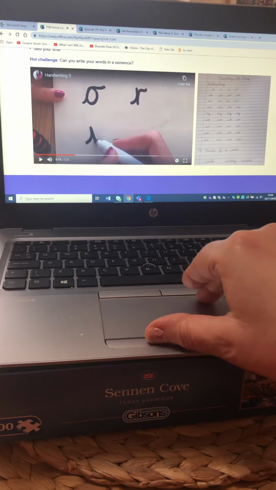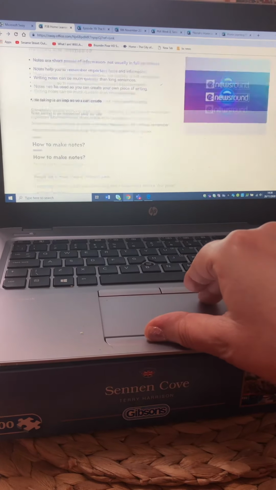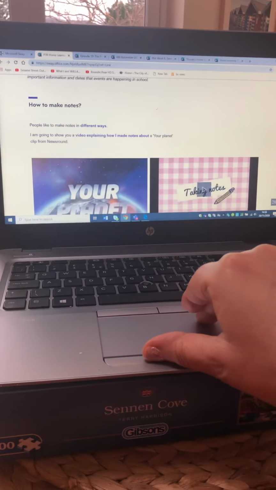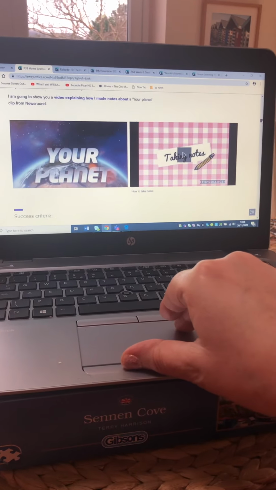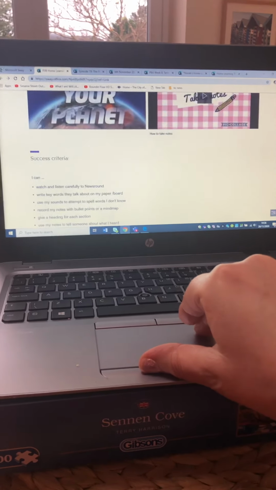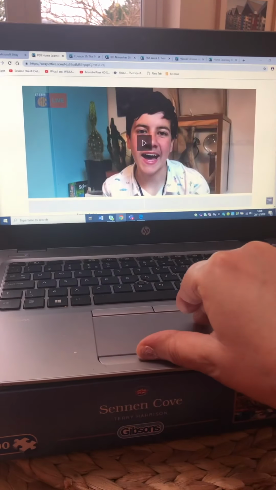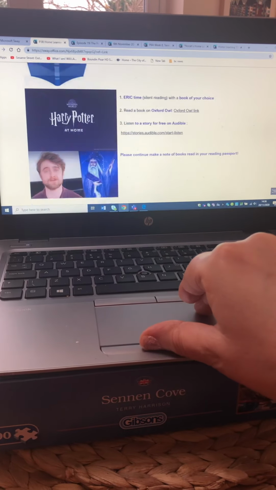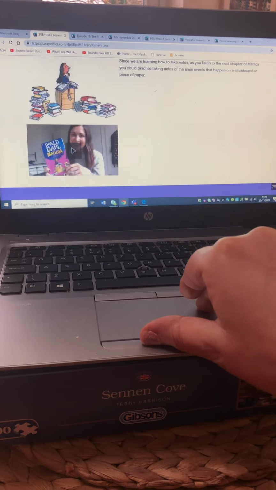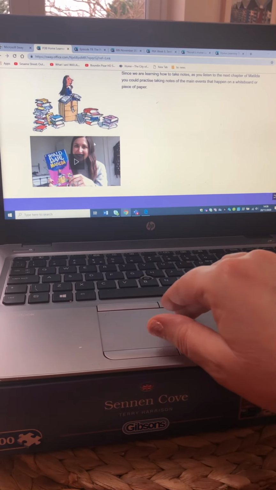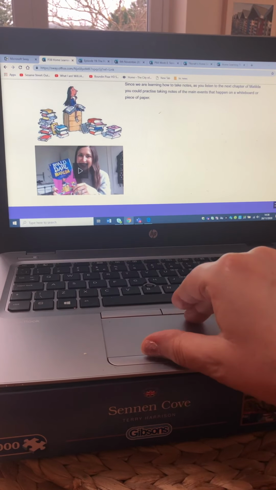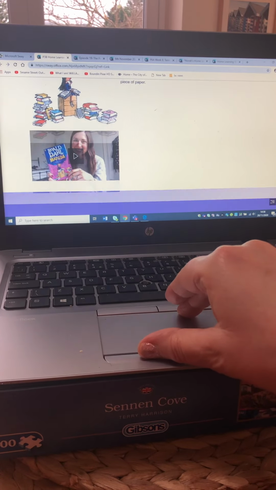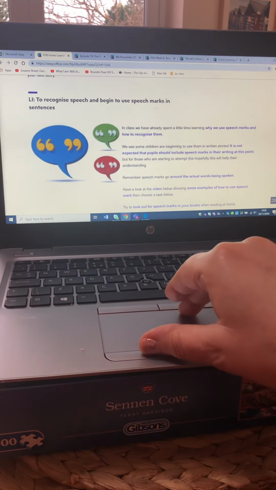So lots of interesting features on Sways. Also, you can put clips in from YouTube and from other websites. And also there's a facility to record sound, so you can do dictations on here as well. The teachers all put in clips of themselves reading the novel to the children, which kept things going.